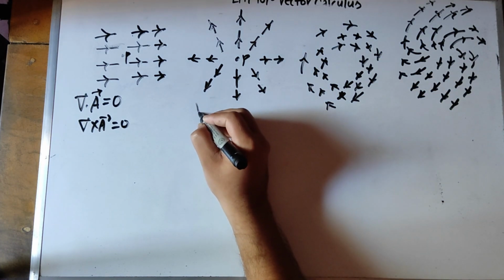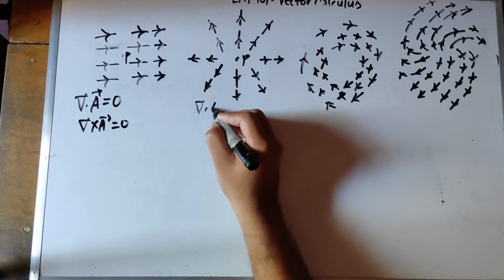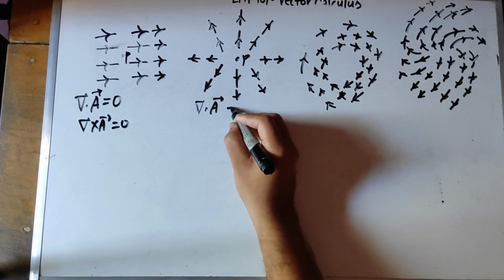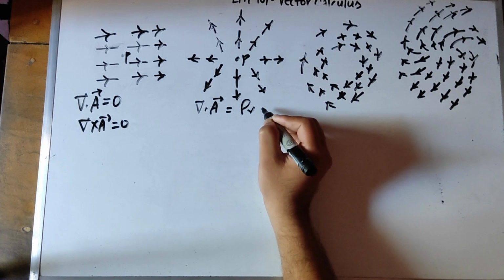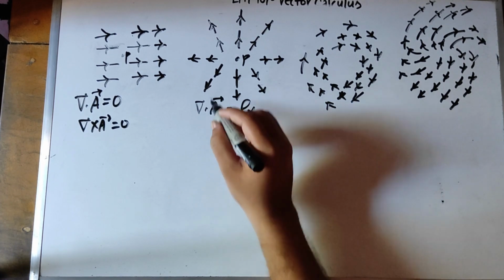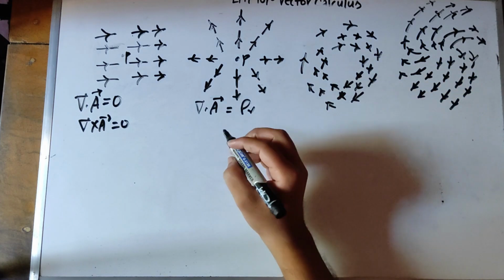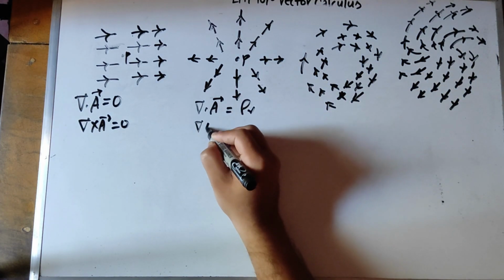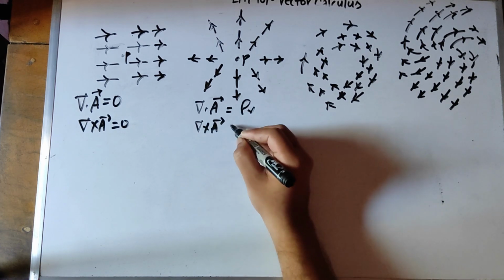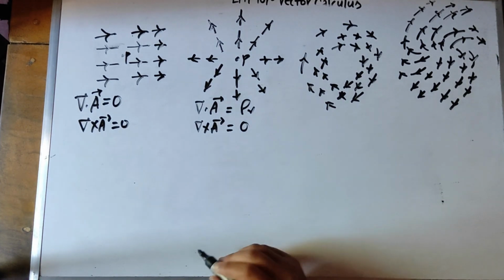So there is some value, which is the source density, rho v, and it's not rotating. There's no local rotation in this field, so it has no circulation.